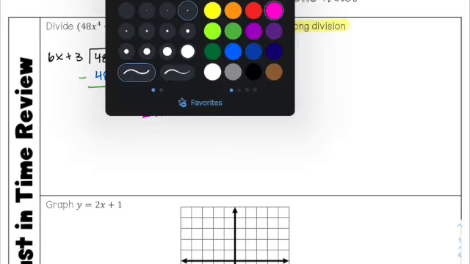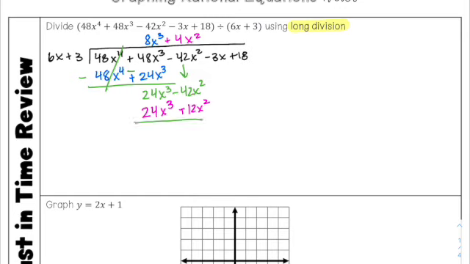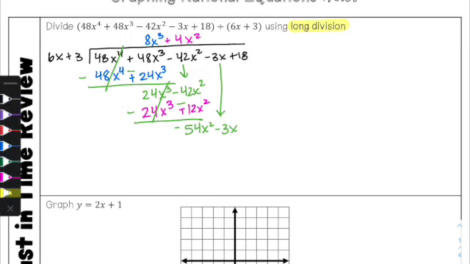And then I am going to subtract. 24x cubed minus 24x cubed is 0. Negative 42x squared minus 12x squared is negative 54x squared. And I'm going to bring down the negative 3x and start this process all over again.